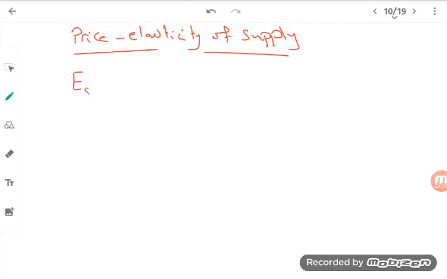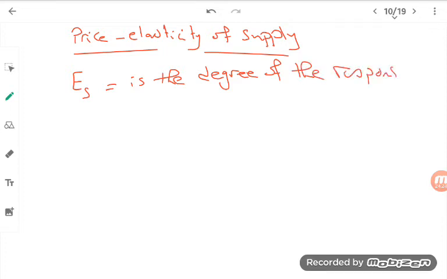Elasticity of supply is the degree of the responsiveness of quantity supplied to change in price.